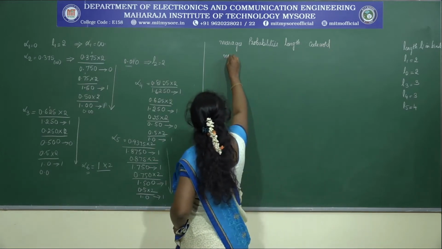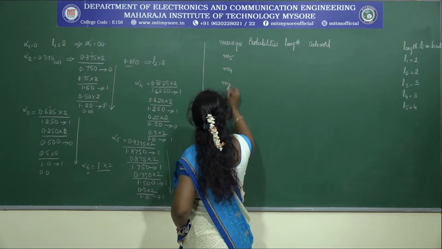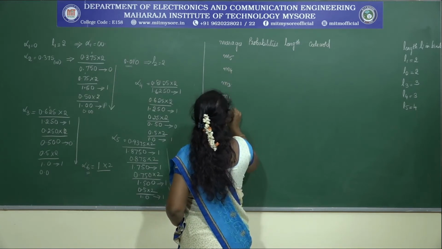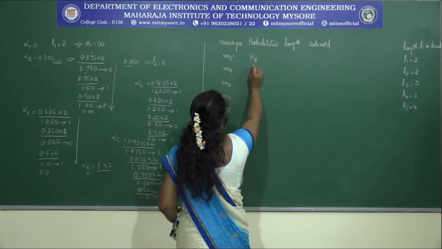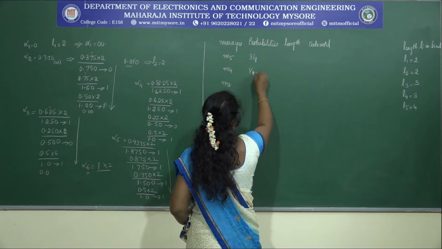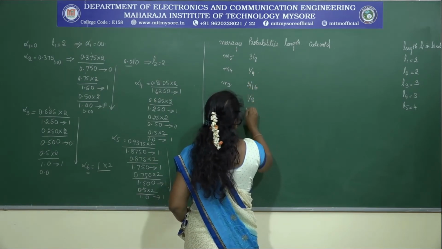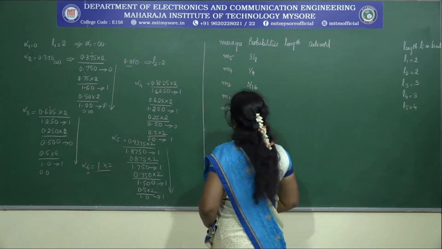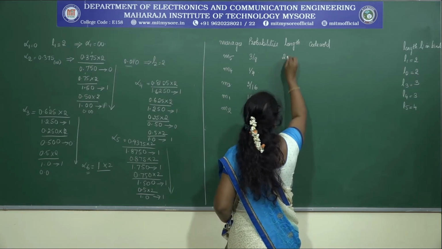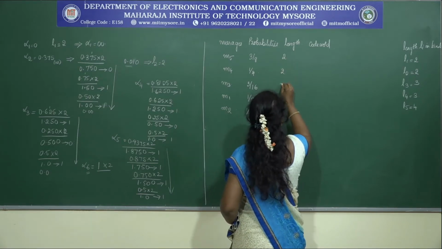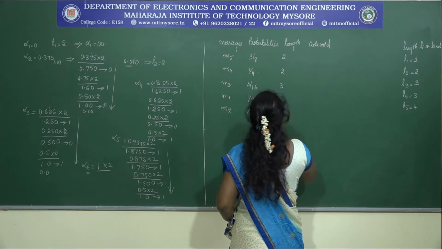So we have M5, M4, M3, M1, M2, where the corresponding probabilities are 3 by 8, 1 by 4, 3 by 16, 1 by 8 and 1 by 16, and corresponding to this the length Li. So L1 is 2, L2 is 2, L3 is 3, L4 is 3, and here L5 is 4.